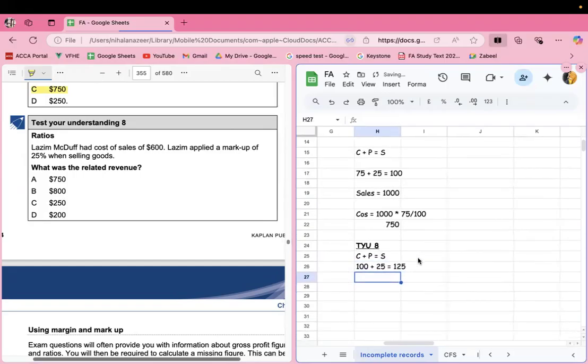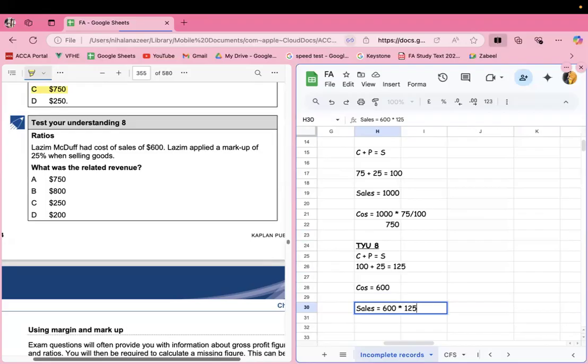And we have been given the cost of sales equal to how much? 600. So C is given. We need to find the related revenue, that means we need to find the sales. So sales is equal to amount given 600 into what to find is 125, because sales percentage is 125, divided by what is given as 100, that is cost is given.